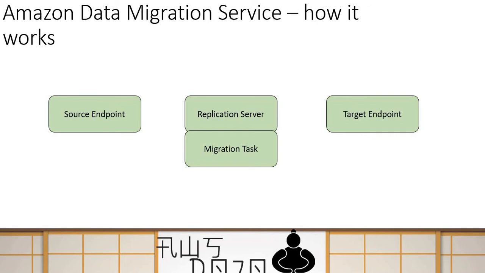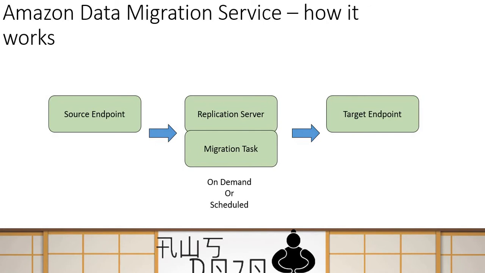Basically, in a migration task you configure what source endpoint and target endpoint you want to use, on which replication server you want to run this migration task, and then you provide some additional information in terms of the location of the target and the filtering criteria on the source, and then you simply run this migration. Now this migration can be run either on demand, or you can also run it as a scheduled migration. So that's how your Data Migration Service works.